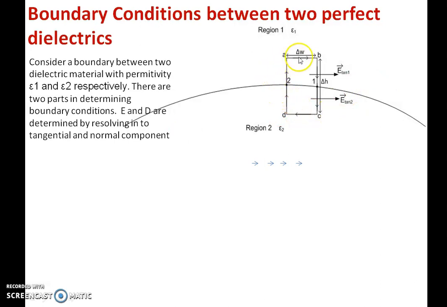The direction of the path ABCDA is considered clockwise. It moves from A to B, B to C, C to D and D to A. As in the last case, half of the closed path is in region 2 and the remaining half is in region 1.